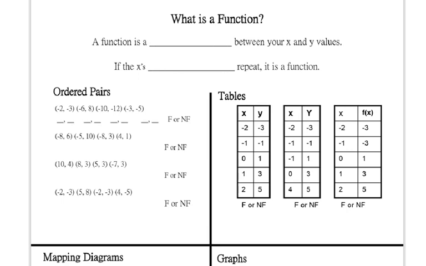The last piece of today is identifying if a relation is a function or not a function, okay? So what we're going to write is that a function is a relationship between your x and your y values.